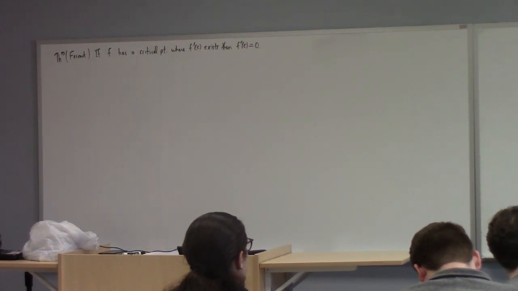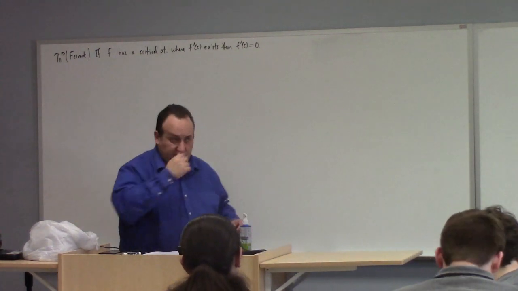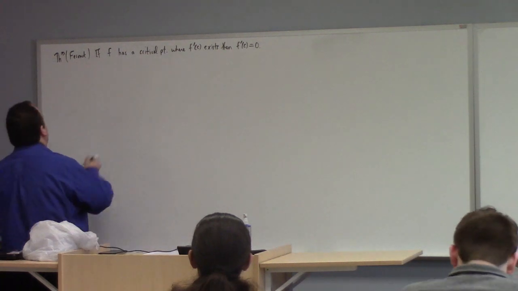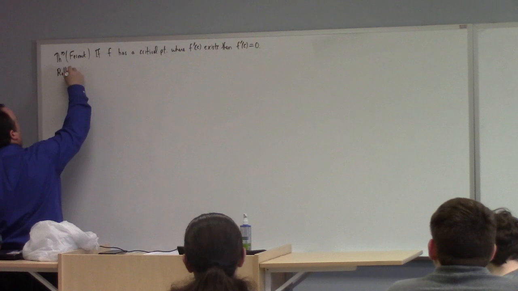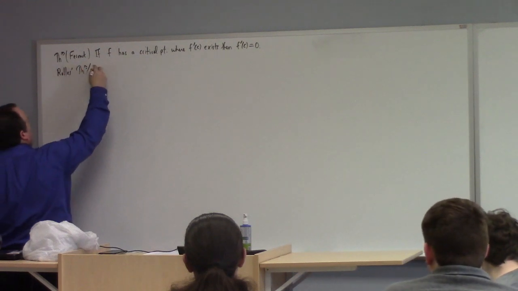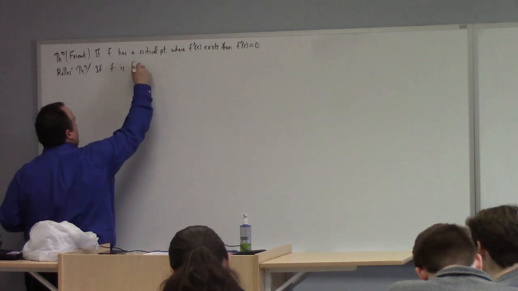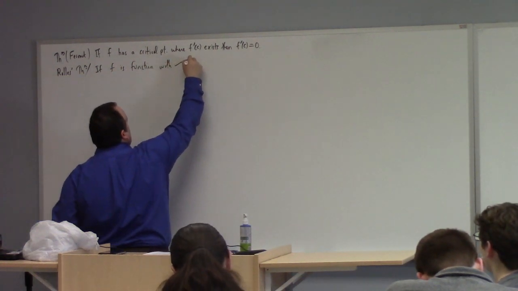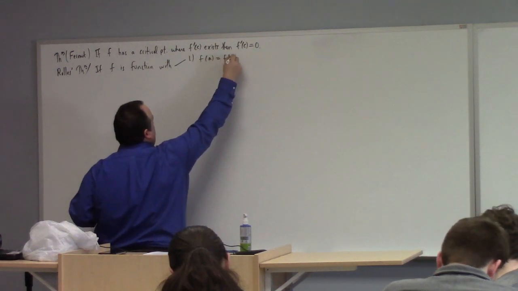But anyway, what did Rolle's theorem say? Rolle's theorem said that if f is a function with, we need three things. Number one, f of a equals f of b.